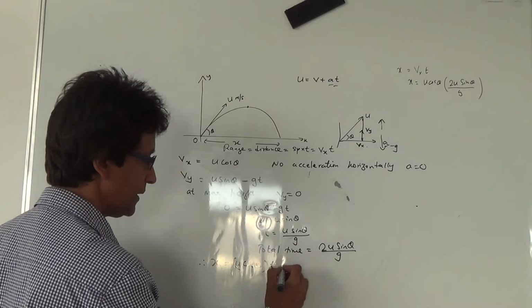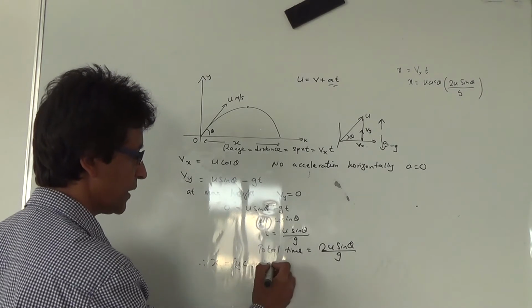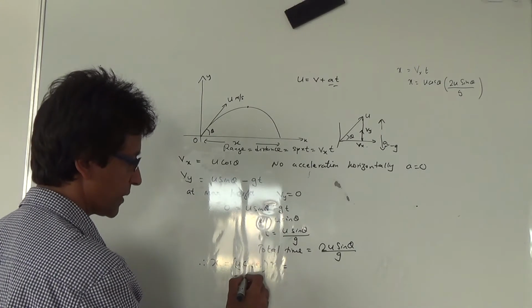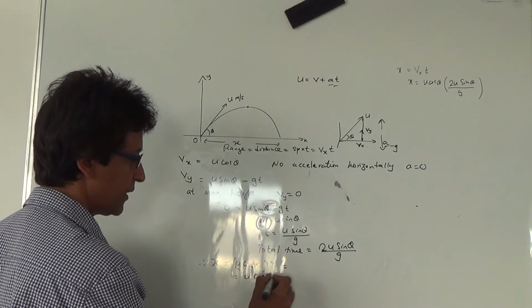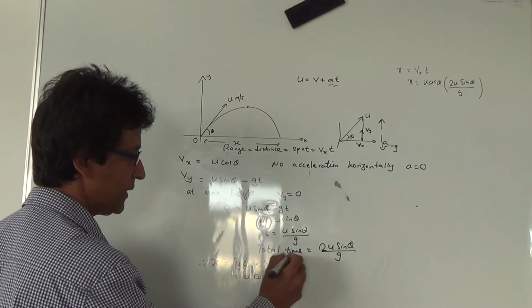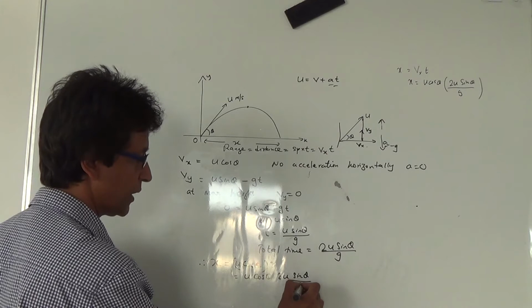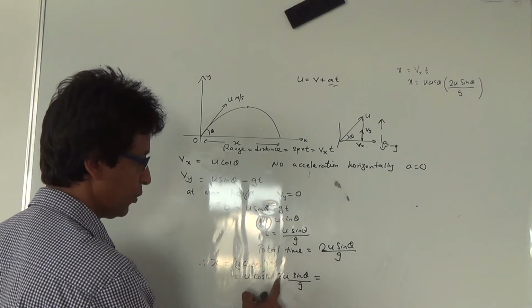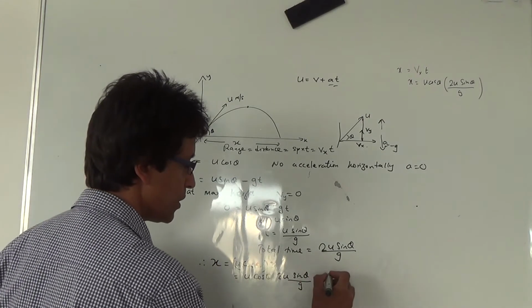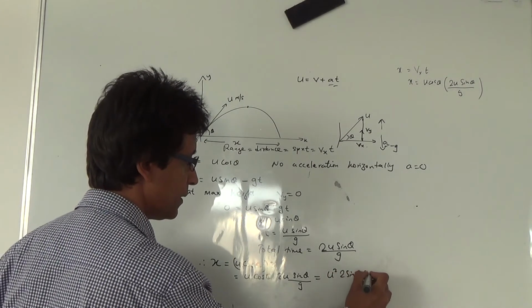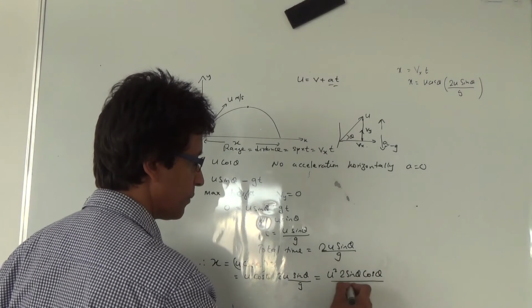Let me put a big capital T over here, just to differentiate between the small one and the big one. So I'm saying u cos theta multiplied by T, and T is 2u sine theta over g. In other words, u times u is u squared, times 2 sine theta cos theta, divided by g.